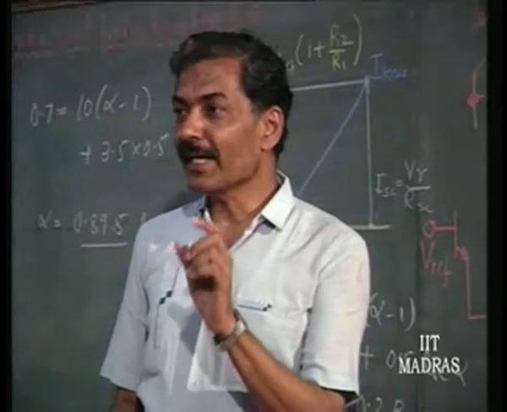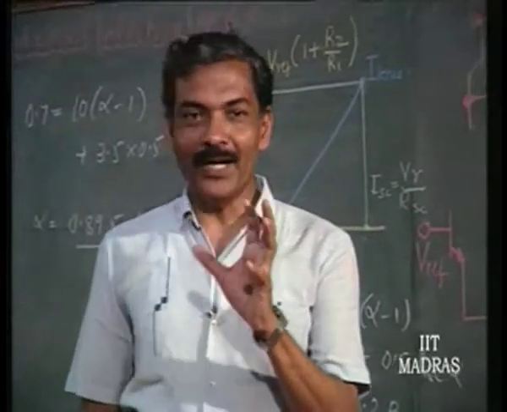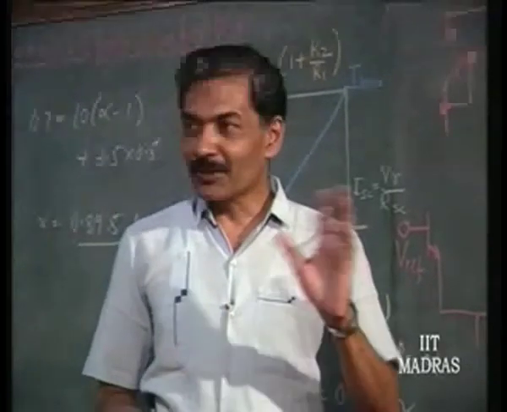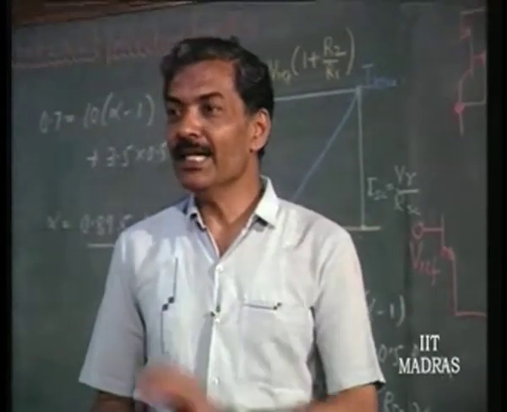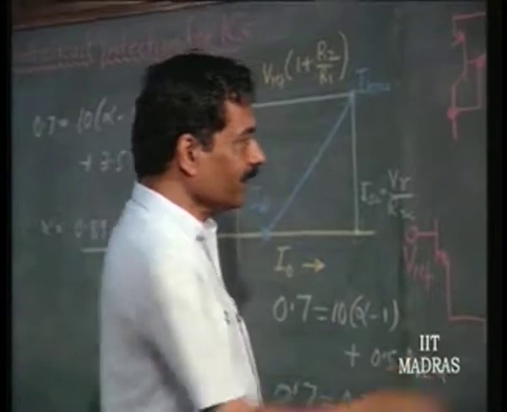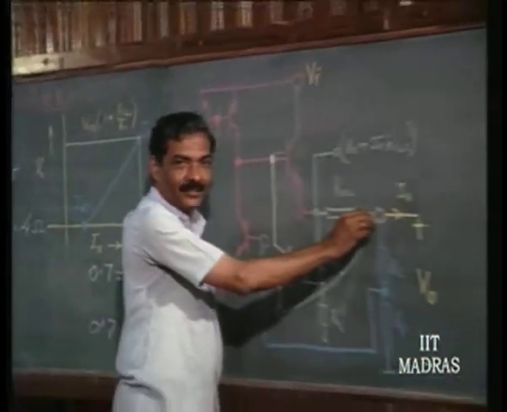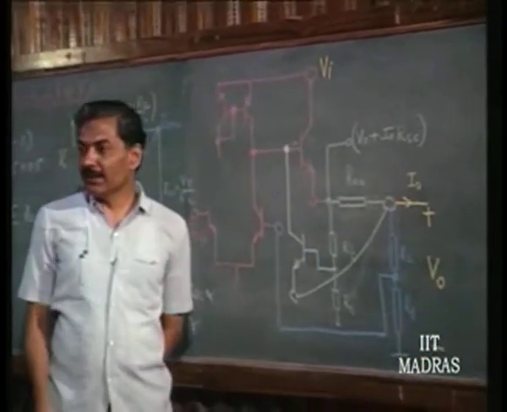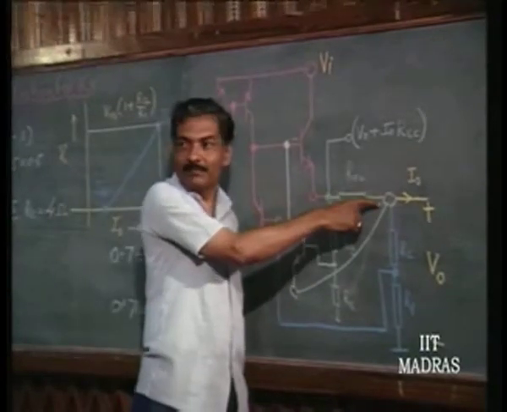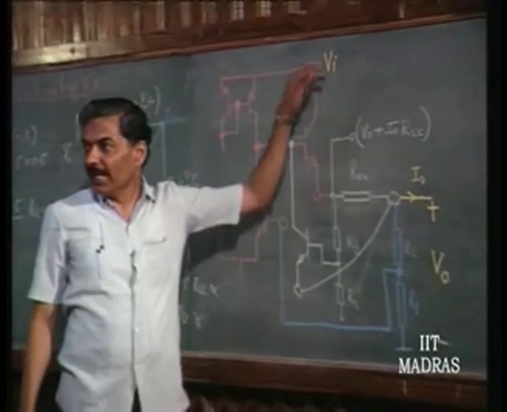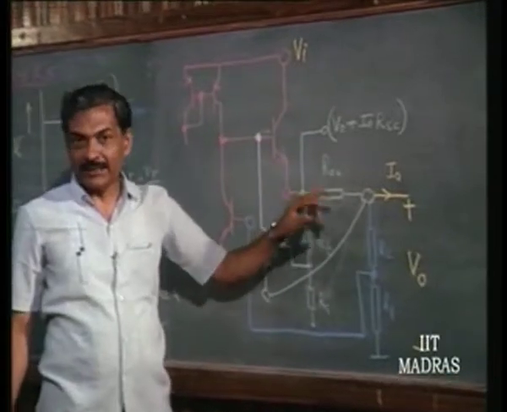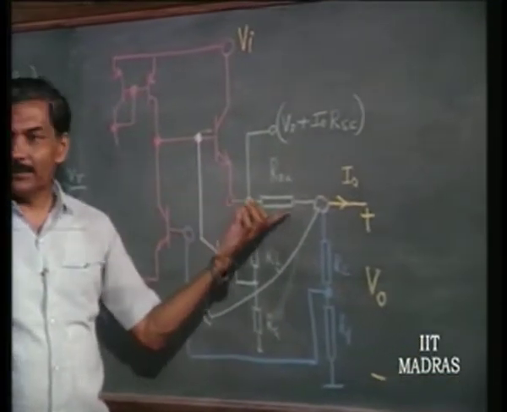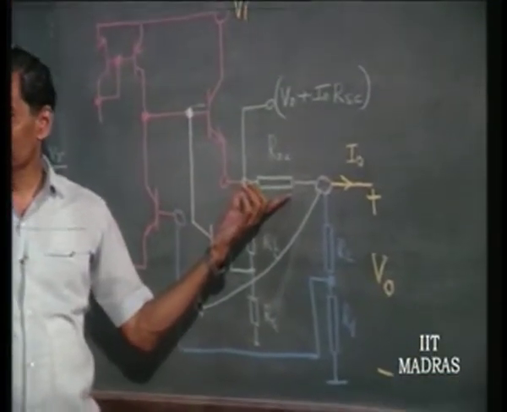We are talking of currents of the order of 0.5 flowing through now not only the pass transistor, but also the series resistance, which is this. And therefore, this will add as an additional drop between Vi and Vout. Let us now just see what is the drop in this situation.